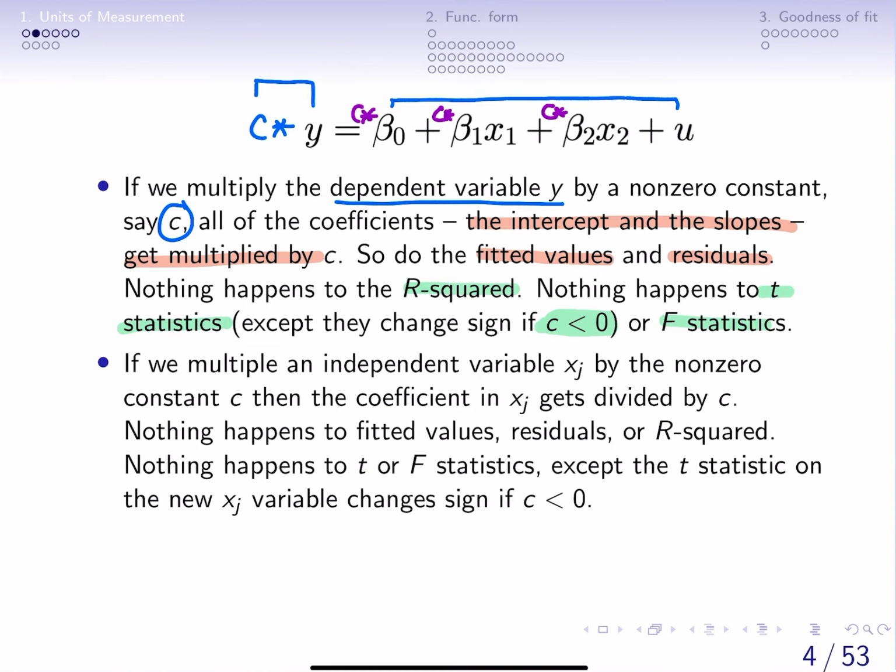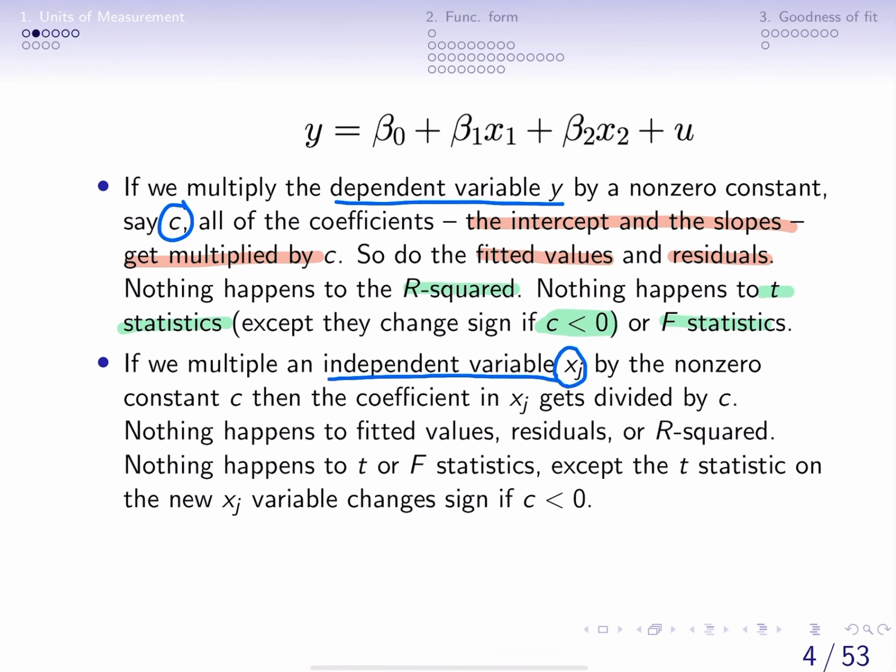Now, if instead of making this change, we multiplied our independent variable xj, let's take x1 for instance, by c, then for this equation to hold, beta 1 would be divided by c, or rescaled in a way so that the relationship between y and this new x1 does not change.